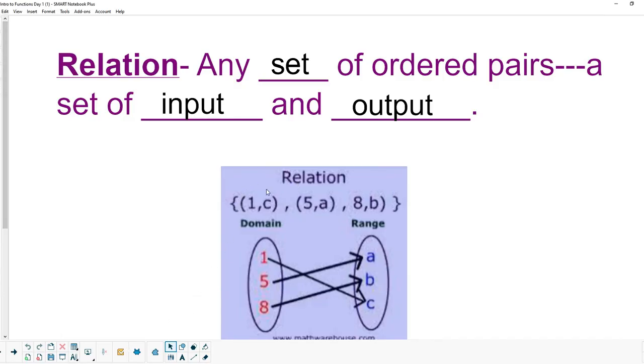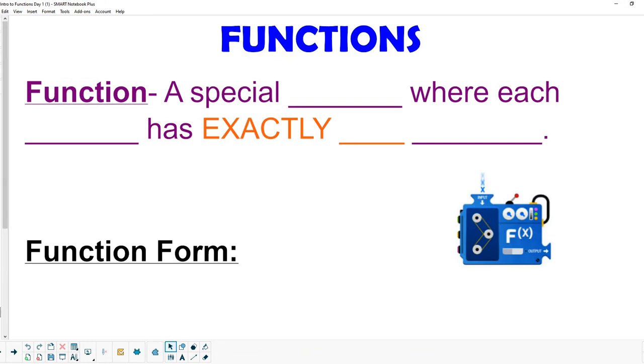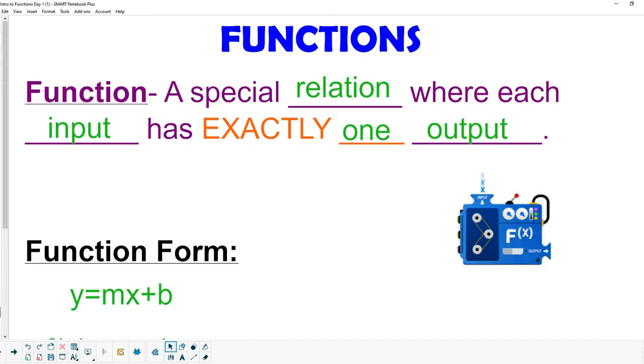We've been talking about these x, y values and plotting them on graphs, but we want to start thinking of them as inputs and outputs because they are generated by mathematical relationships.